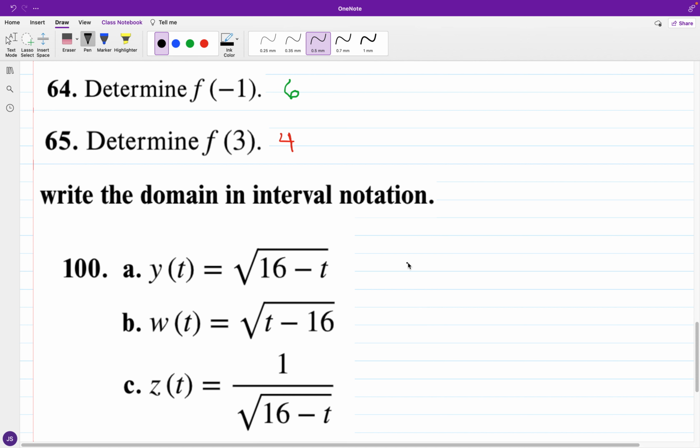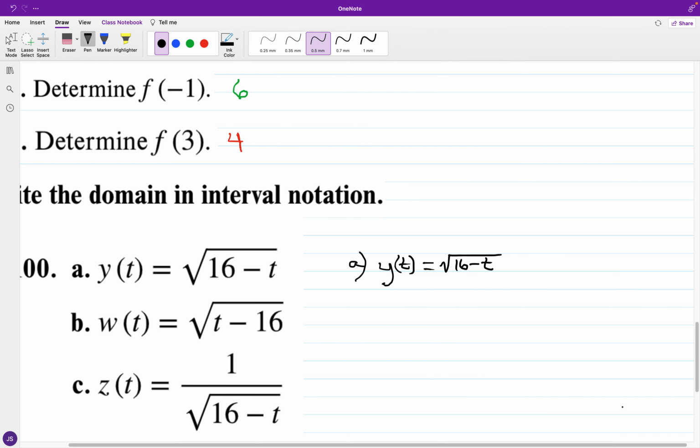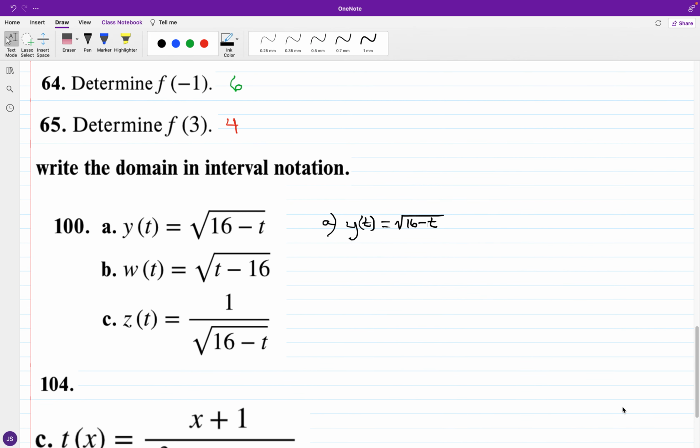First, we're looking at the domain of y of t equal to the square root of 16 minus t. And again, we're no longer looking at the complex number system, just the real number system, to which we can apply these radical functions.